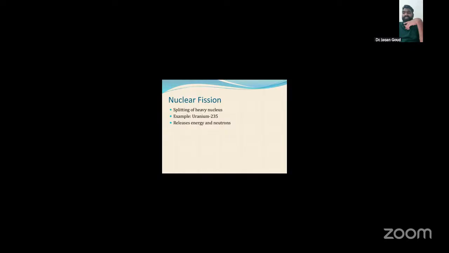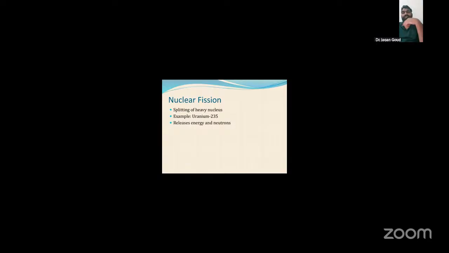Coming to the next slide, nuclear fission. Nuclear fission is the process in which a heavy nucleus splits into lighter nuclei accompanied by the release of a large amount of energy, free neutrons, and gamma radiation.